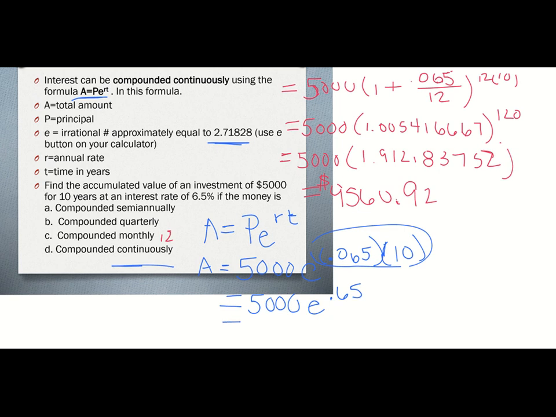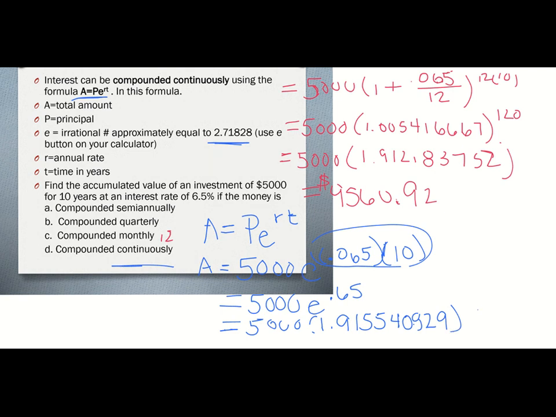And if you want to check it to make sure it's right, I got 5,000, because I didn't multiply it by that yet, times 1.915540829. And then I'm going to multiply it times 5,000.